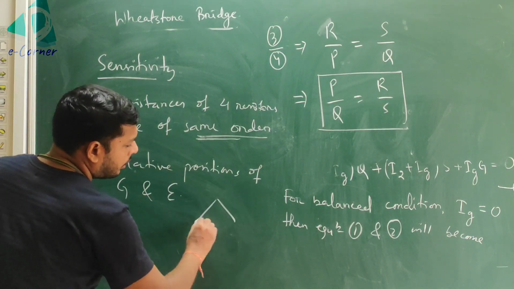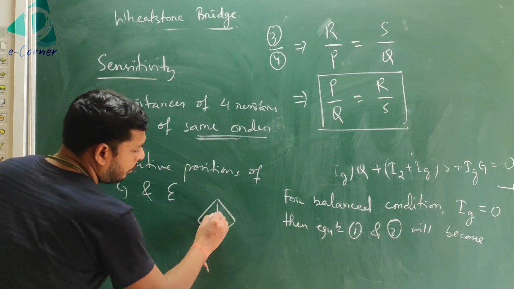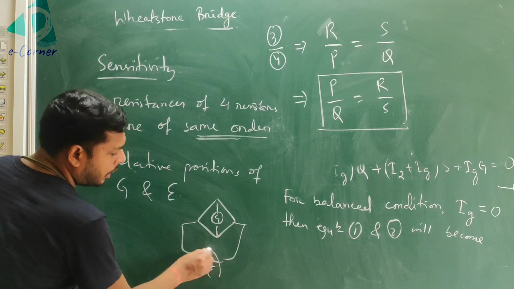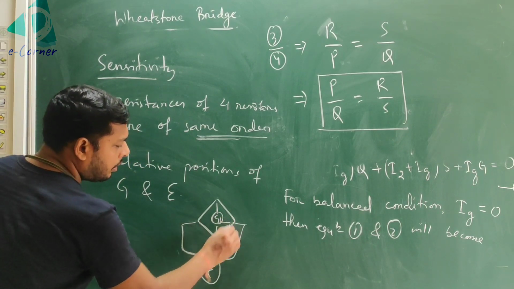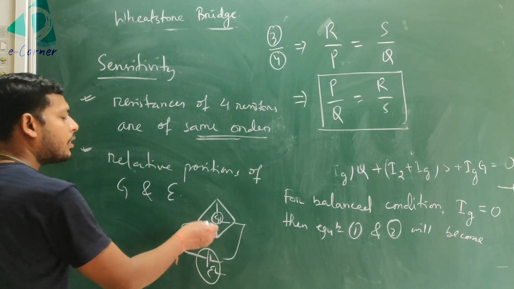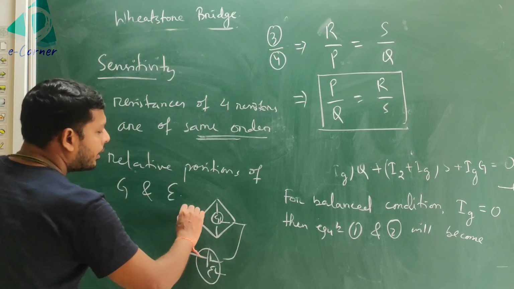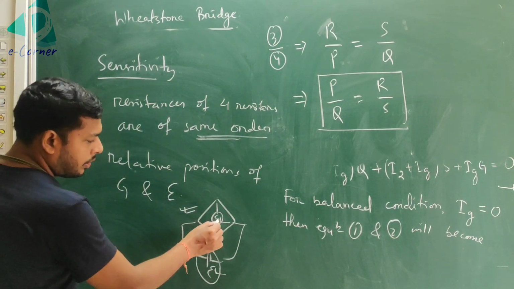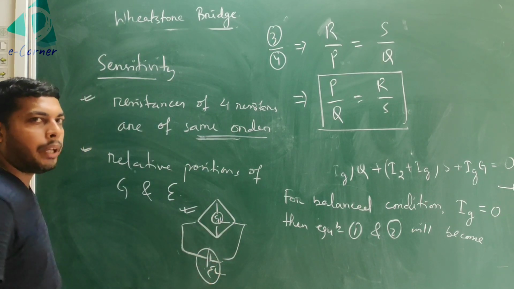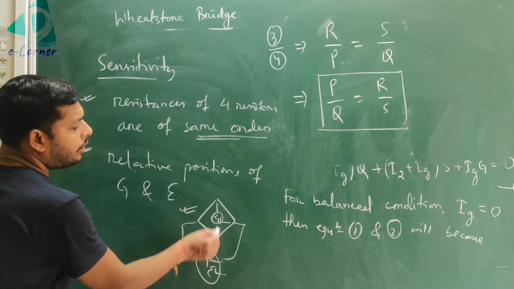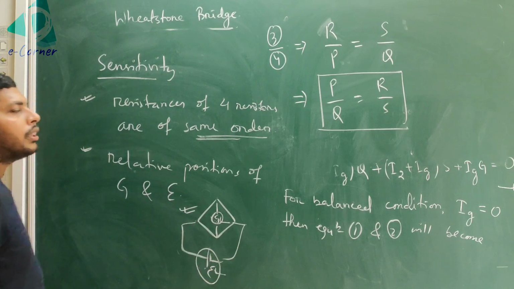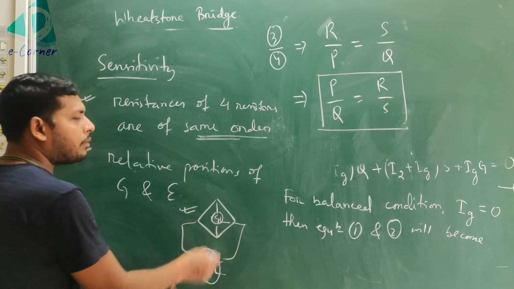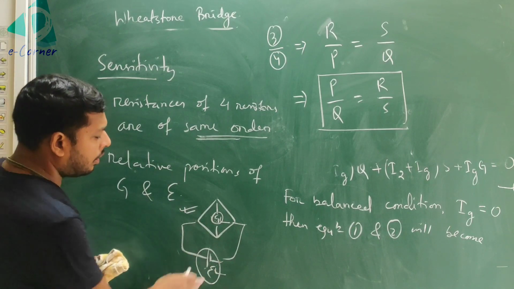See, this is the galvanometer and this one is the EMF. If I interchange the galvanometer and the battery, then also this bridge will be balanced. Remember this. When the galvanometer and the battery or cells are interchanged, then also this bridge will be balanced. Got it? Change it and check, the same result will come, there will be no difference.